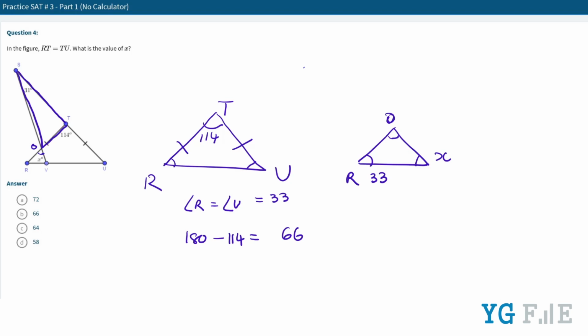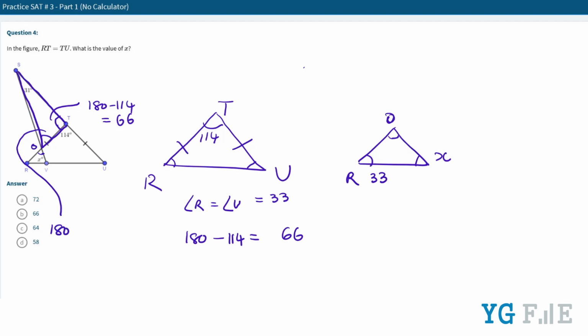To find that, we realize that we need to first get this angle, which is 180 minus 114, because SU is a straight line and these two angles become supplementary angles. That means this angle will be 180 minus 114, which is 66. So if one angle is 66 and the other one is 31, let us try to make some space here.